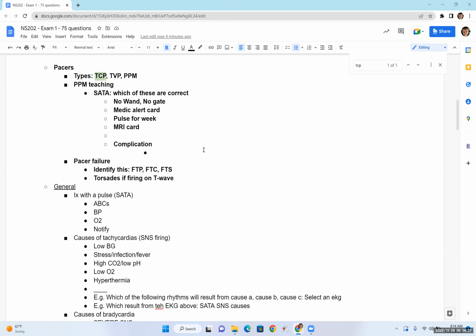And that could be due to a low battery, right? It wasn't enough milliamperage to depolarize that ventricle in the first place. Or it could be due to it's not even touching the ventricle, right? So it's just floating inside the right ventricle. It's not even touching the myocardium. And it's trying to send the signal, but it's not reaching the ventricle to depolarize it, right?